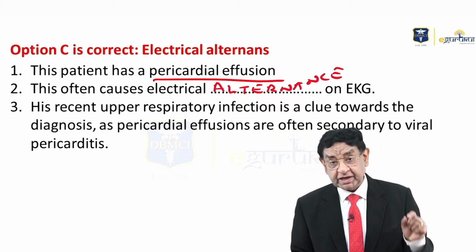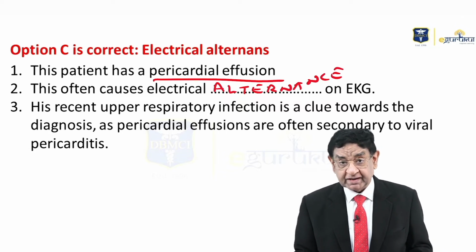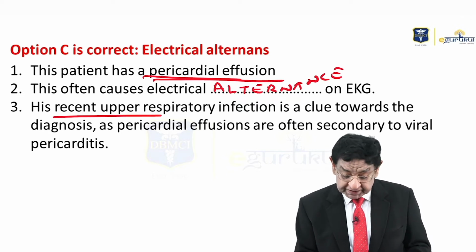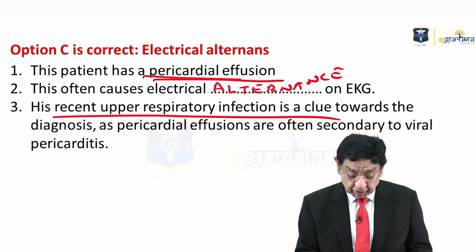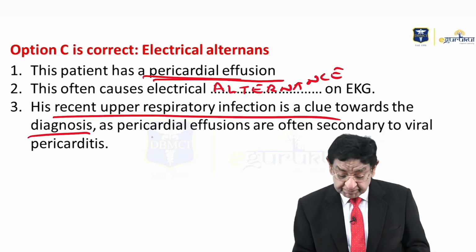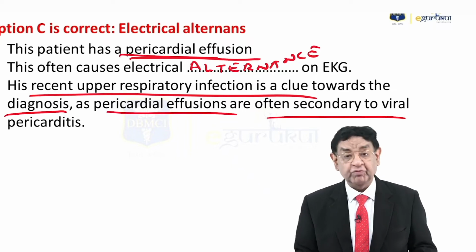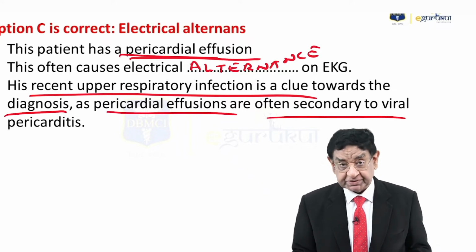Now, what's the clue that we are dealing with cardiac or pericardial effusion? Recent upper respiratory tract infection is a clue to our diagnosis, because most of the time pericardial effusions are secondary to viral pericarditis.